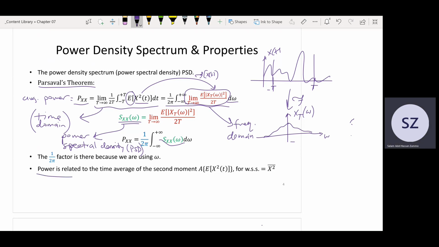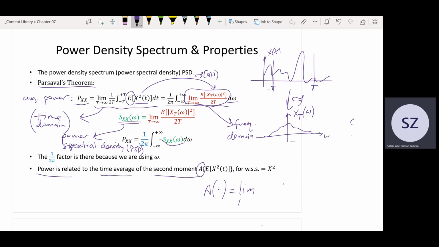So the power here is the time average of the second moment. If you remember, last time we talked about this A. What was A of whatever inside? It was the limit, the time average, right?